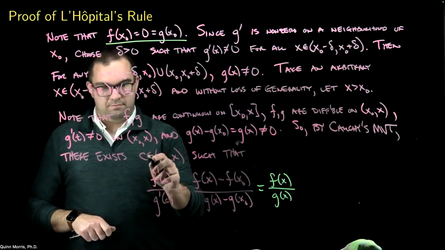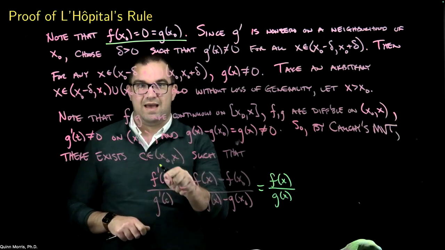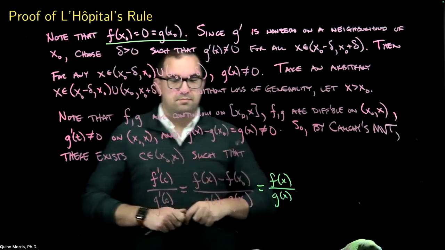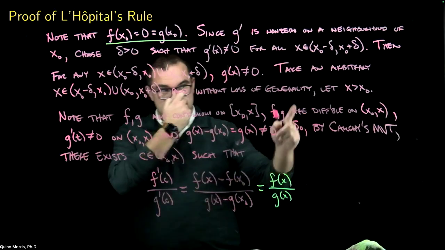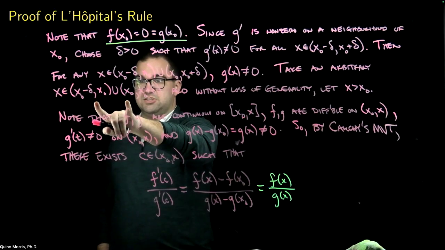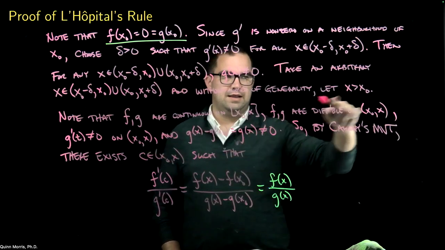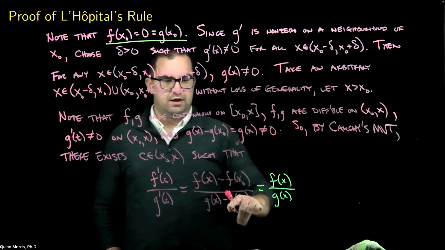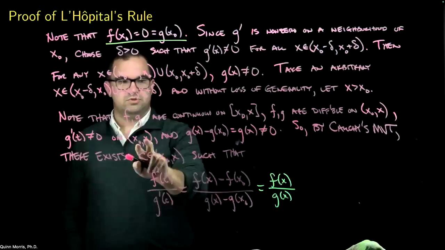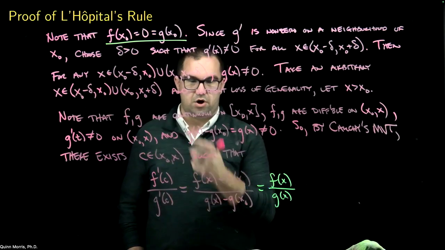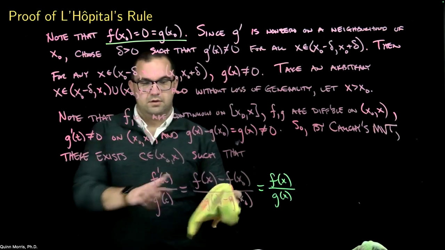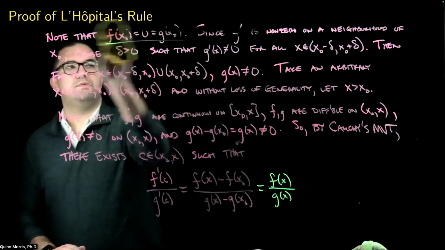So in a minute, I'm going to start calling these c sub x, just to emphasize that c value depends on x. But for the time being, for every x value satisfying these conditions, essentially close to x naught, and I'm just assuming that it's bigger than x naught, this works. You can go ahead and notice if you took an x less than x naught, you would just flip the order of these x and x naught things, but everything would still work out the same so far. Okay. All right. So let's keep going.